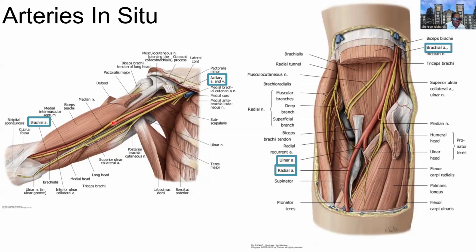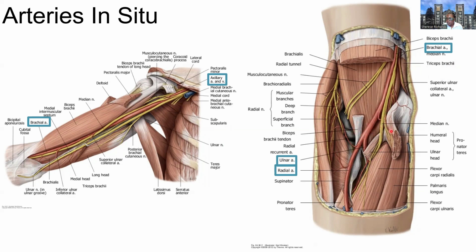As it runs alongside the arm, so as it begins to run deep to the biceps, along with structures like the median nerve, now it becomes the brachial artery. And then as it crosses the elbow joint, so here's the brachial artery crossing the elbow joint. Other structures we have here are going to be the biceps tendon, the median nerve crossing.